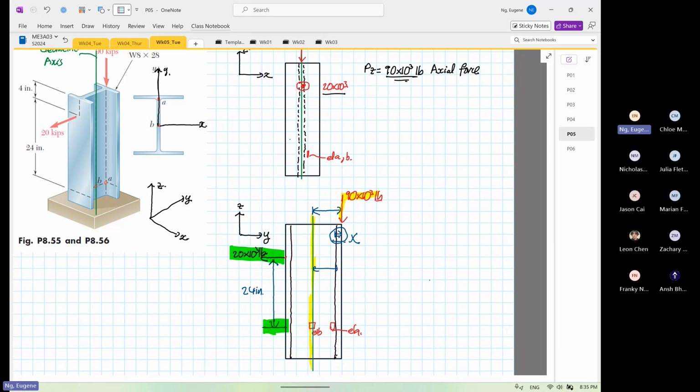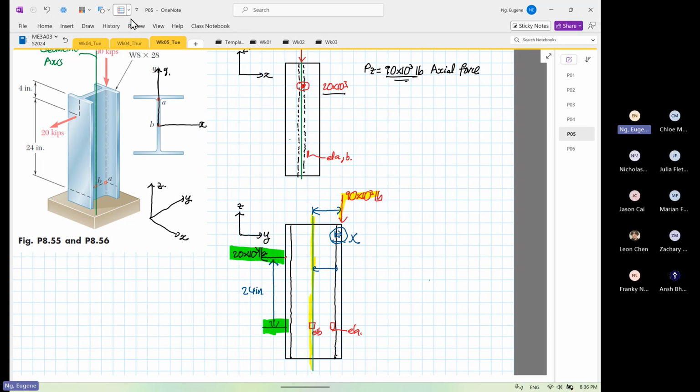So there are times that we go down to the element, and there are times that we go down to the geometric axis. It is all dependent on the geometric axis. If the applied force is parallel, like the 90, it's to the centroid or geometric axis. If it's perpendicular to the geometric axis, like the 20 times 10 to the power 3 pound, you go down right to the element. Are we clear?